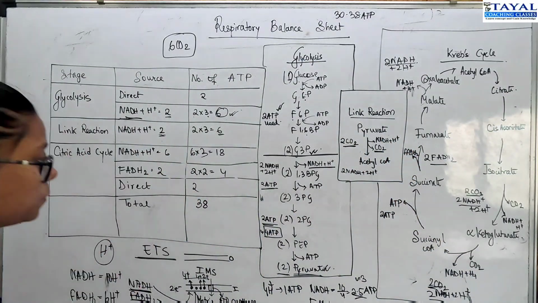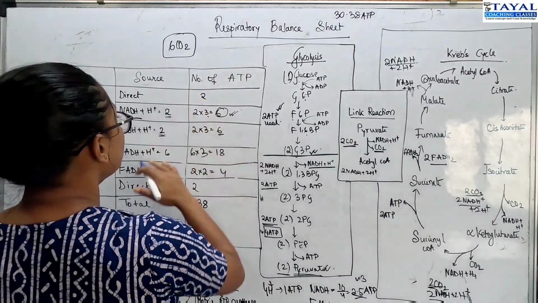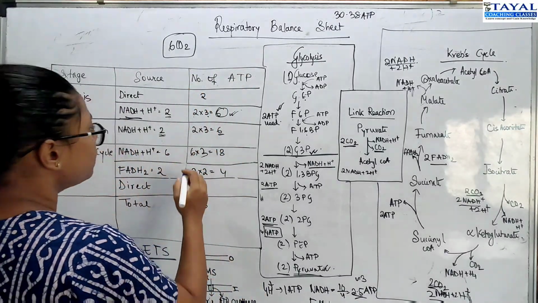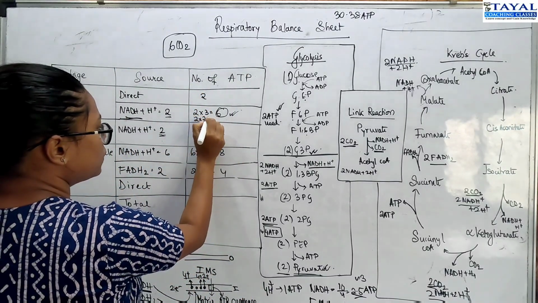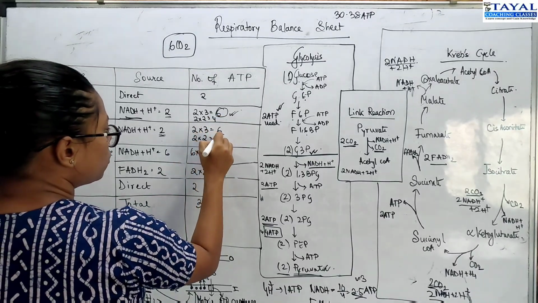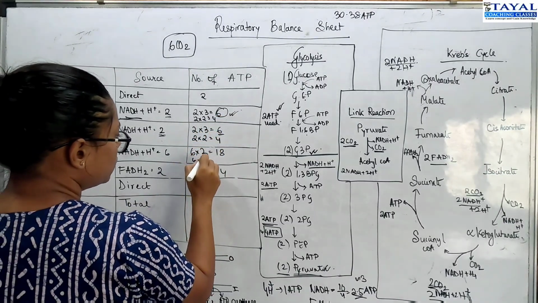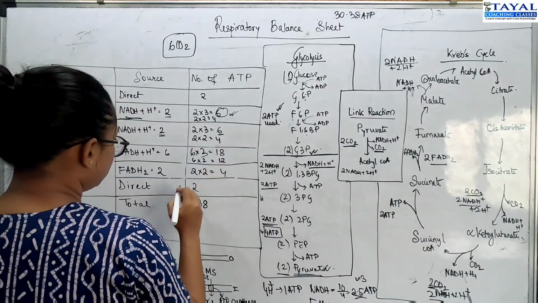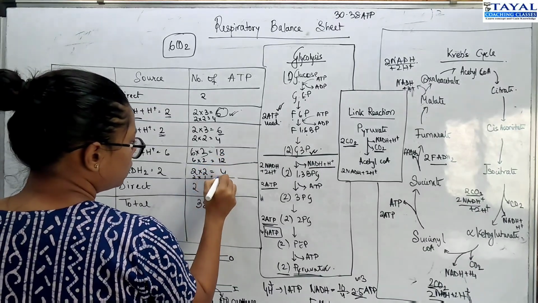Now similarly, if I were to calculate it with 2, then the numbers would vary such. So it would become 4, this would also become 4, this would become 12, and this would become 2.